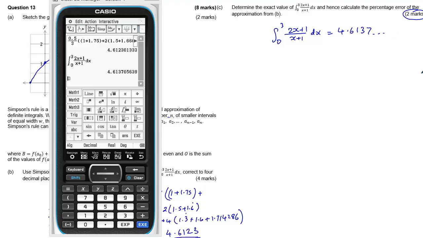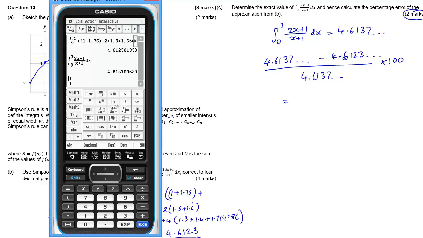4.6137, and so on. And so our percentage error is going to be 4.6137 and so on, take away the 4.6123 and so on, all over the exact value multiplied by 100.